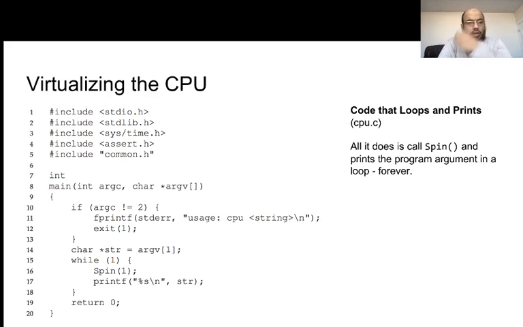So, virtualizing the CPU. This is a very simple program that takes input from the user arguments and sleeps for 1 second, prints the argument to the screen, sleeps for another second, prints the argument to the screen, and goes on in an infinite loop.